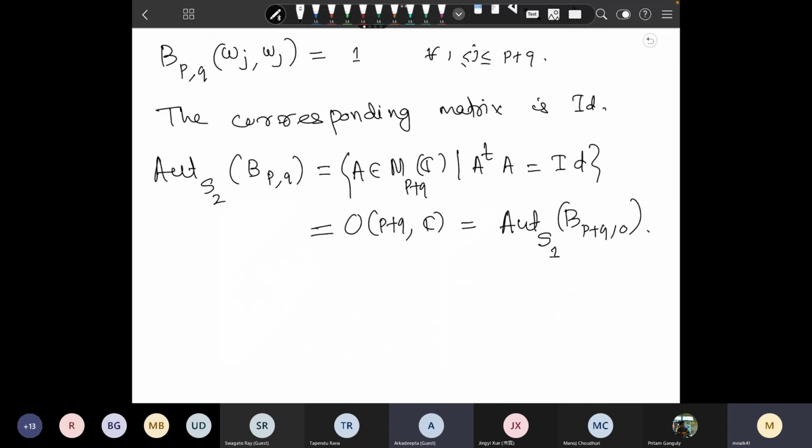So this is the thing. We have changed the basis. If you take the bilinear form B(P,Q) and form O(S1, B(P,Q)), then on one hand you get O(P,Q)(C), and if you change the basis slightly, then you get this automorphism group O(P plus Q, C).